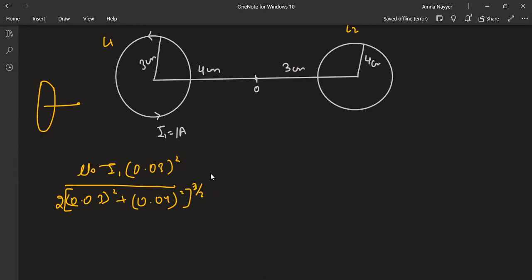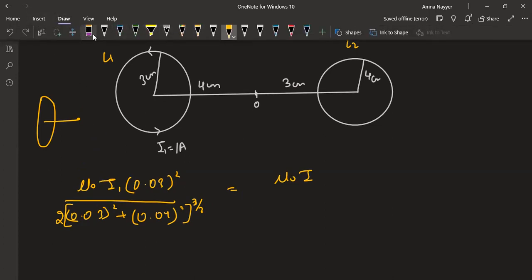3 by 2. This is equal to mu naught I. I1's value is 1 only. Let me write it as 1.